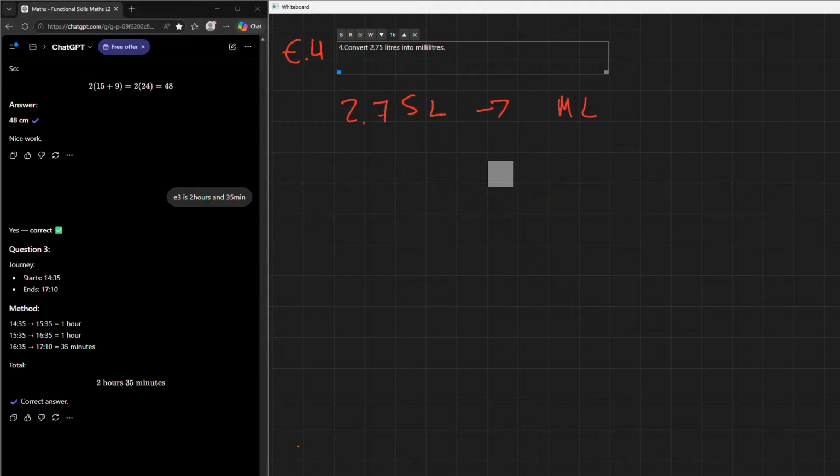Oops, I better not do this. I need to change my pen. 1,000 milliliters is 1 liter. Now we have 2.75 liters. How many is that in ml?